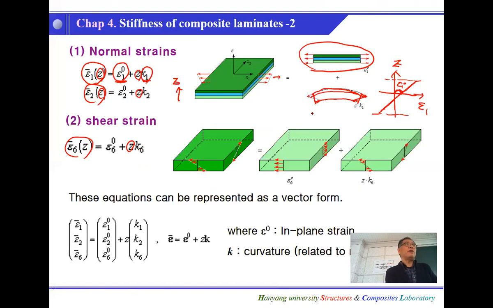In higher order theory, you may think that, oh, there will be another term, Z square, another constant, plus the third power, and so on. But it is quite enough to consider uniform and linear terms. That is the conventional definition of a structural behavior, regardless of the laminate material properties.